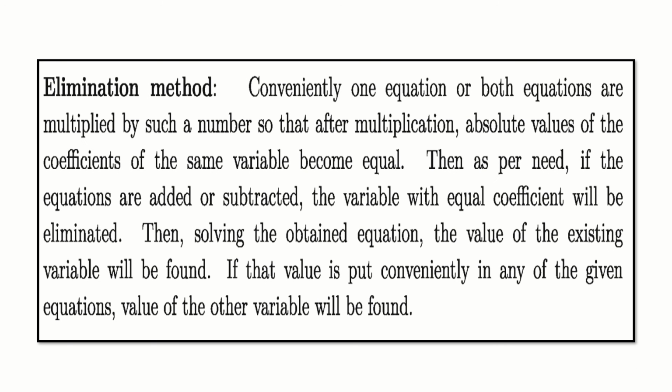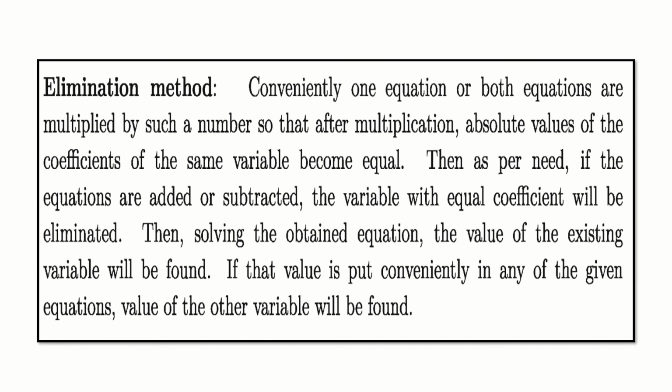Elimination method. Conveniently, one equation or both equations are multiplied by such a number so that after multiplication, the absolute values of the coefficient of the same variable become equal. Then, as per need, if the equations are added or subtracted, the variable with equal coefficient will be eliminated.